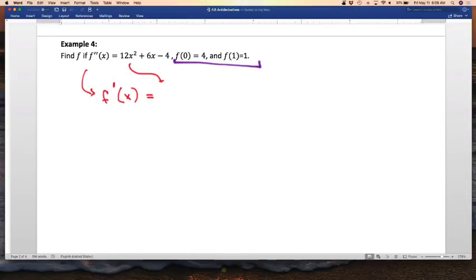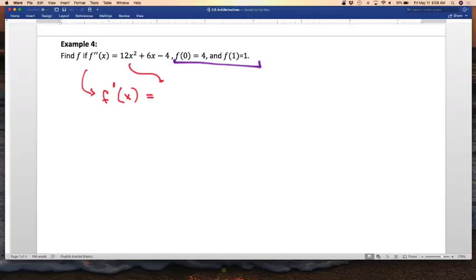So what is the antiderivative of 12x squared? 4x cubed.